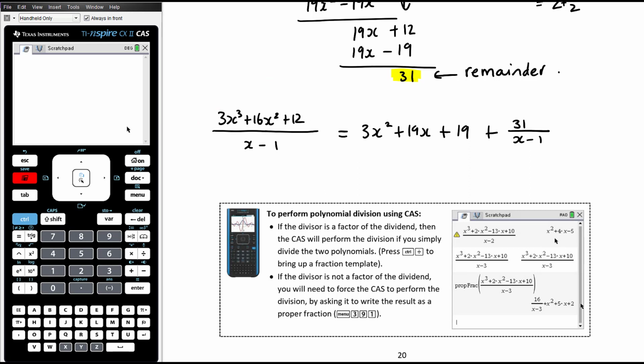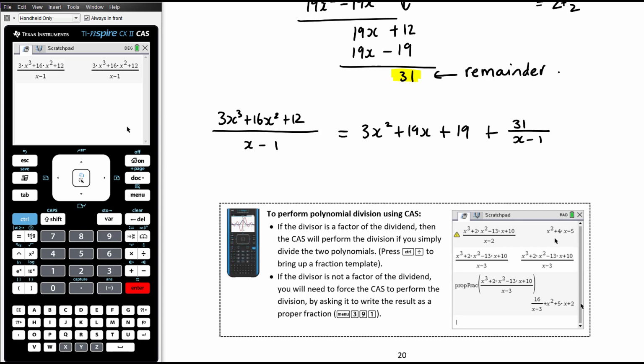So if I type that into my CAS, let me give myself a fraction, there we go, so 3x cubed plus 16x squared plus 12, and we divide that by x minus 1.